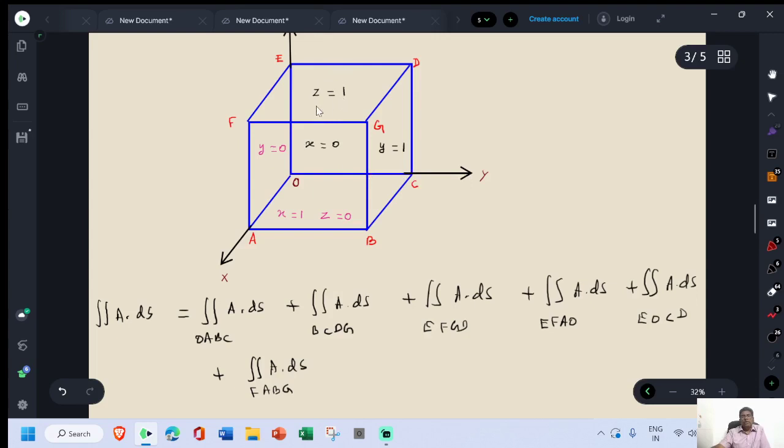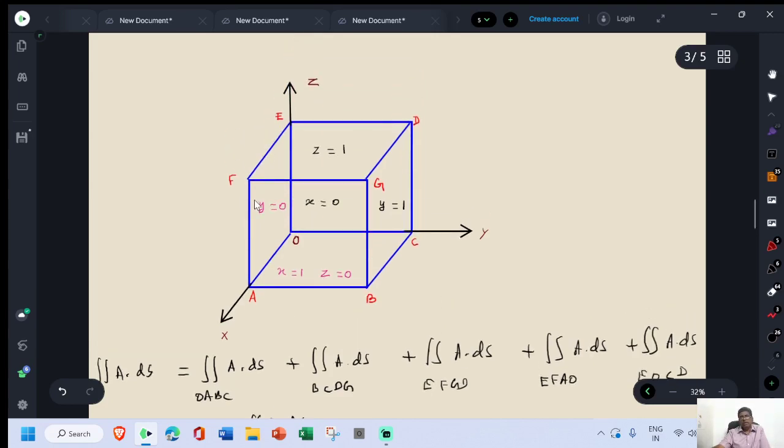In this phase the z is having its maximum value of 1. Opposite phase of this, the value of y equal to 0. There is no y value here because it is in the xz plane. Here the value of z is 0, here z is 1, here the value of y equal to 1, here the value of y equal to 0.